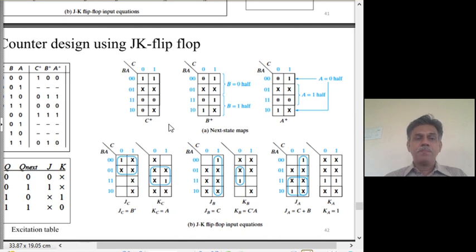So to sum up, while arriving at the expression for Kc, mentally remove c, concentrate on the c is equal to 1 sub K map, and read out the simplified SOP expression, treat it as Kc dash, write it out and then invert it to get Kc. This is what we do.